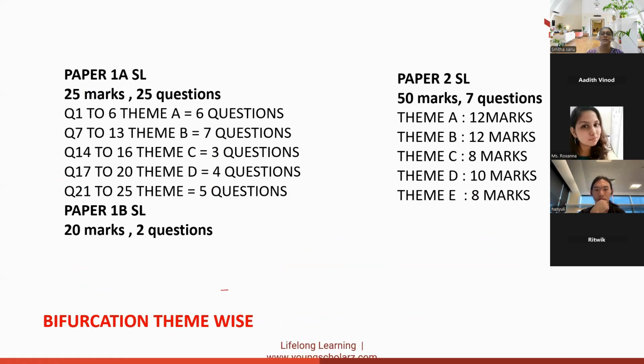It's just a rough idea, which will help you concentrate on topics. Theme A and theme B had almost equal weightage. The next was theme E. Sorry, E is missing there. Questions 21 to 25 are for theme E, 5 marks. And theme C and theme D are the lowest, just 3 or 4 questions.